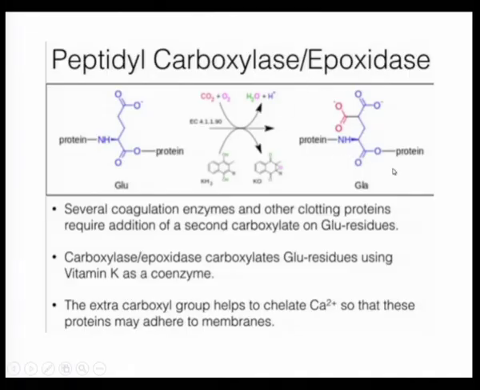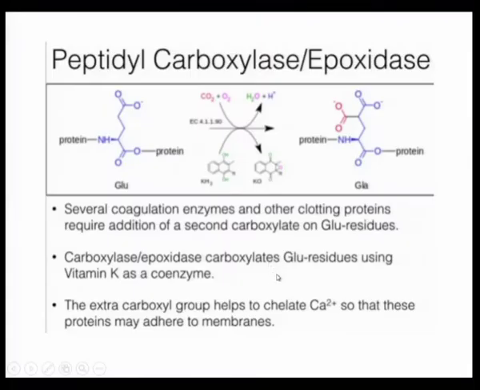So you see this kind of gamma carboxylation, and several coagulation enzymes and other clotting proteins require addition of a second carboxylate. Once you have this carboxylate group added, that makes it possible for the amino acid in this case to quickly form an amide linkage.